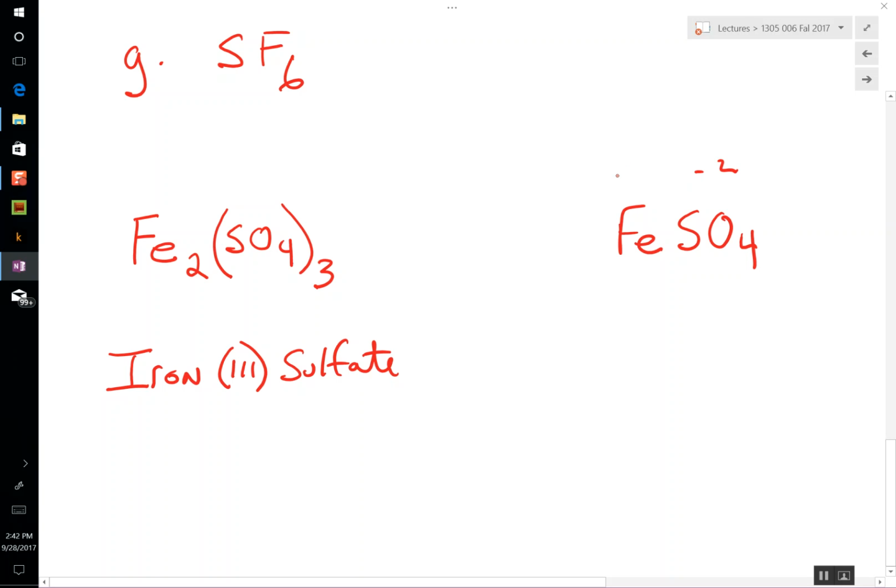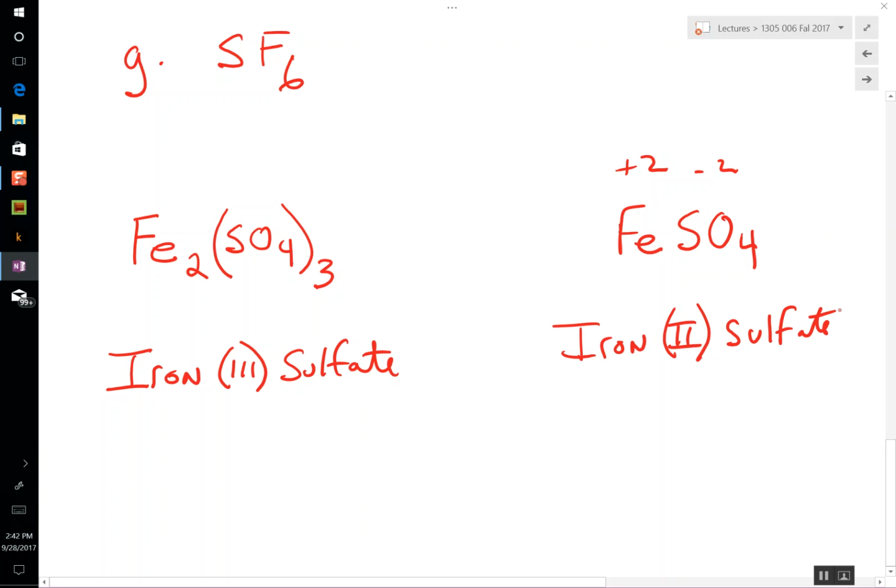This has a -2 charge, that has a +2 charge. How do I know that's a +2 iron? Because I only have one sulfate with it. So that tells me that has to be a +2 iron. So this is iron 2 sulfate. And that's iron 3 sulfate.